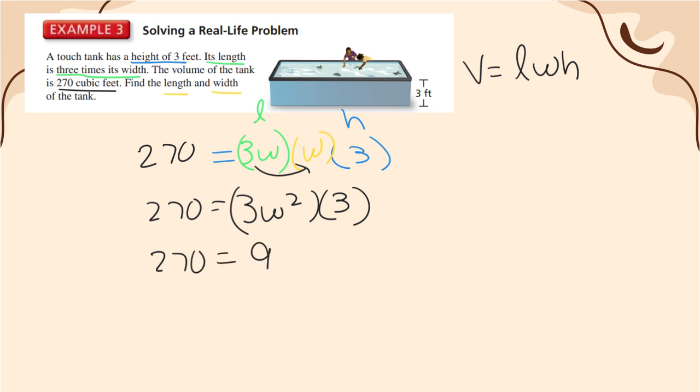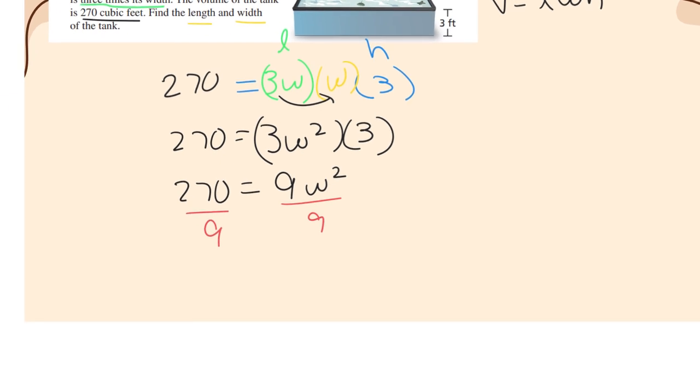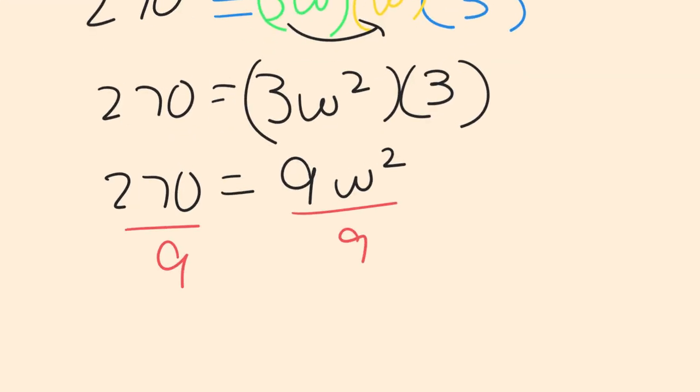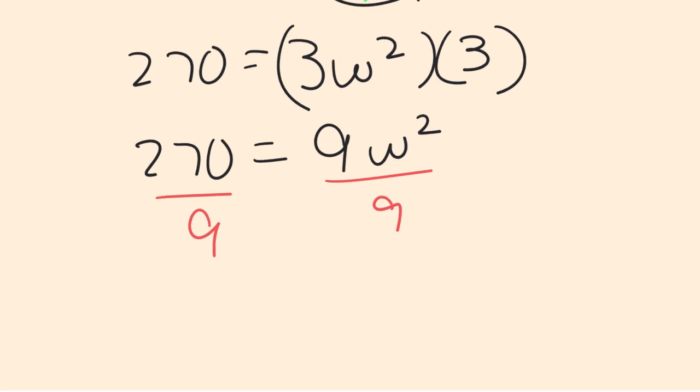270 equals 9W squared. If I divide by 9 to start isolating the W squared, like that's the X squared where you are solving for the square, isolating it. So we're left with W squared equals 30.